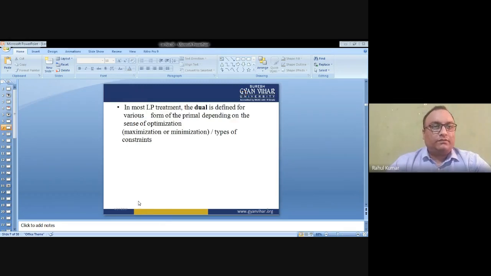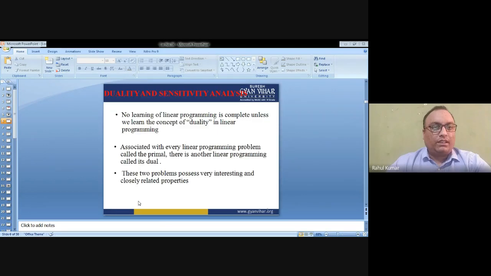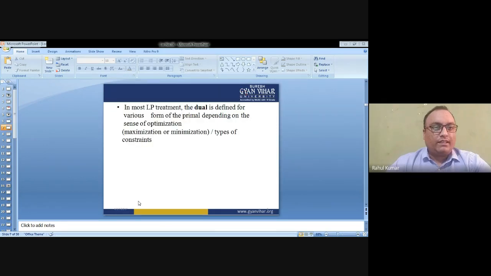And the third case is here, the fourth case is here. In most linear programming treatment, the dual is divided into the best form of the primal depending on the sense of optimization. And these optimizations depend on the maximization and minimization of the functions and also the type of constraints.